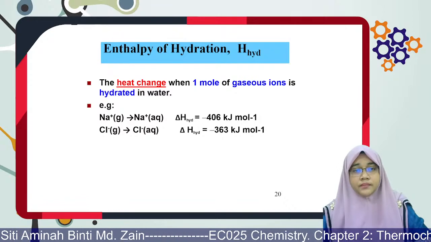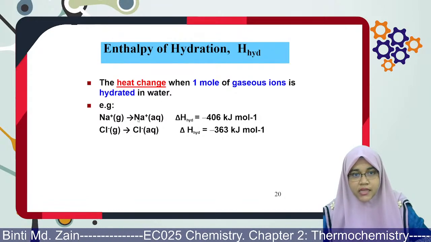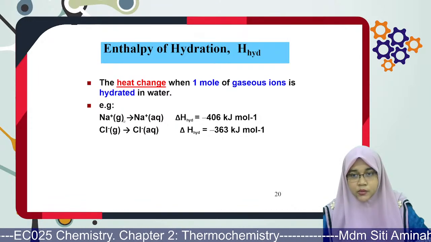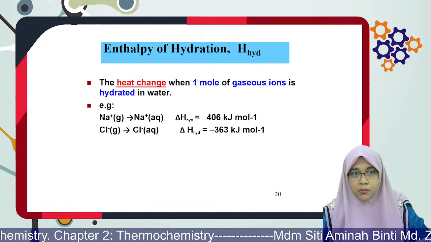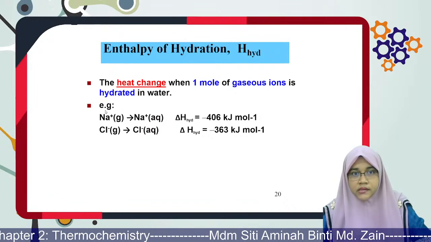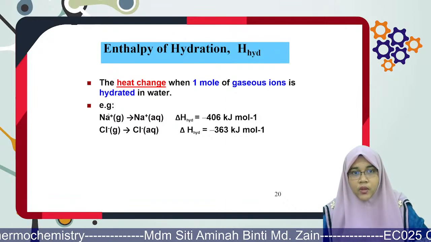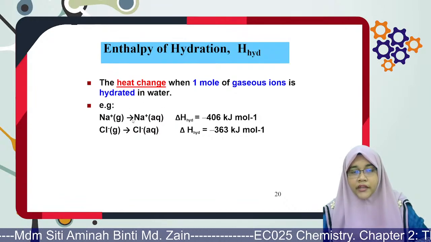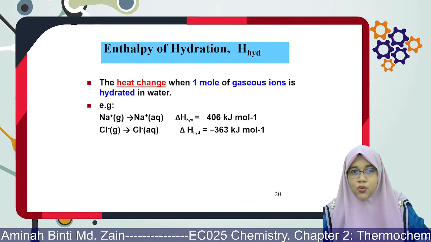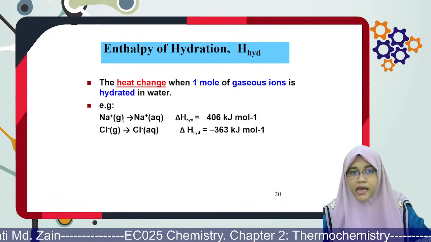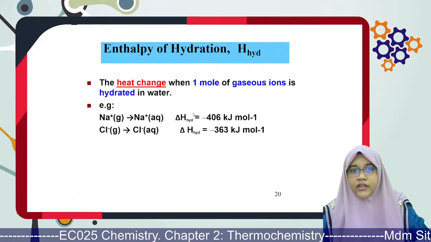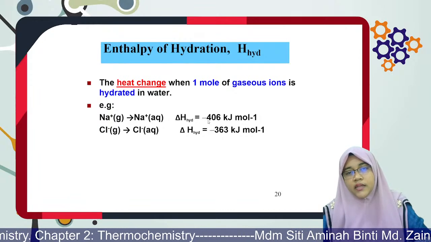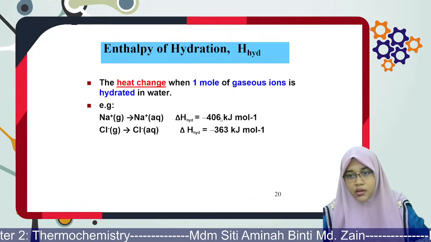For example, in the equation that you can see here, we have Na plus gas. So we have a gaseous ion, 1 mole of gaseous sodium ion, and it will form Na plus aqueous after we mix it, hydrated in water. So each 1 mole of Na plus gas hydrated in water releases about negative 406 kilojoules of heat.